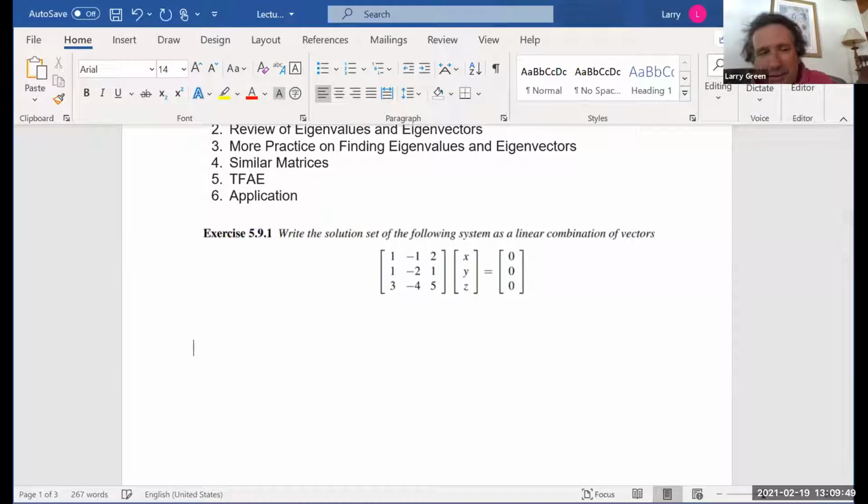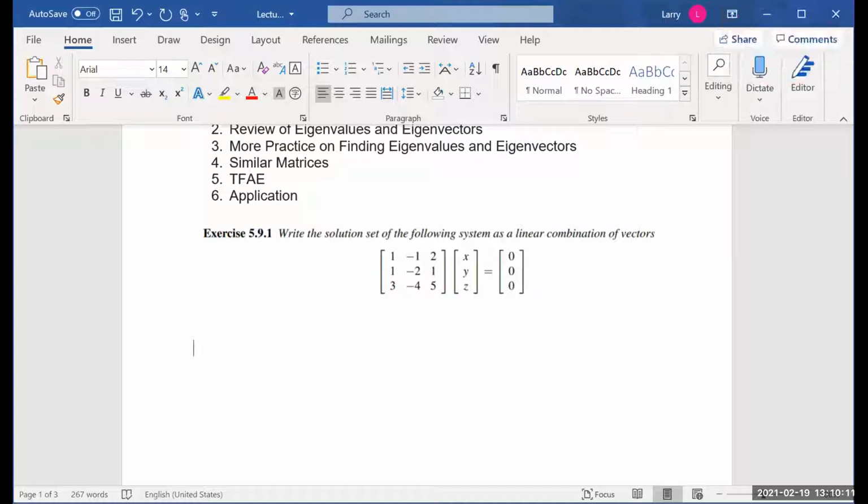Is that clear so far? And that's because a long time ago we had a theorem that said if you have a matrix, the RREF of the matrix has the same null space as the original matrix. Do you remember that theorem? Yeah. That's an important theorem.